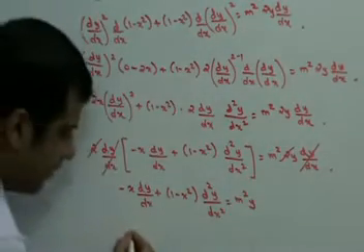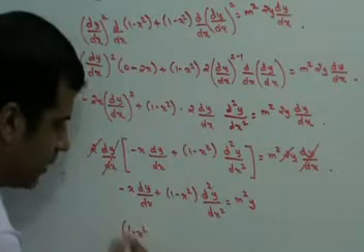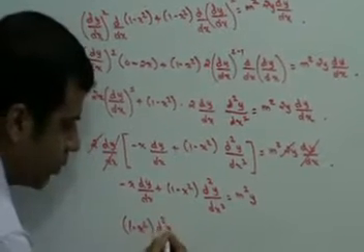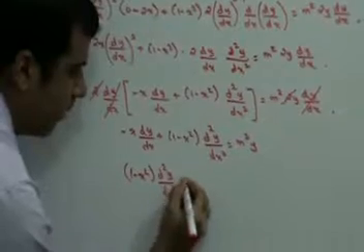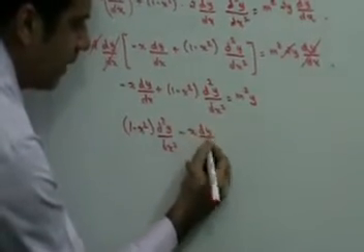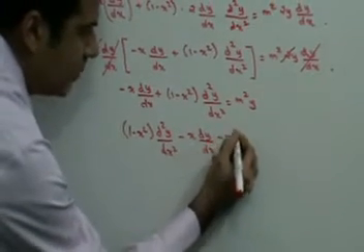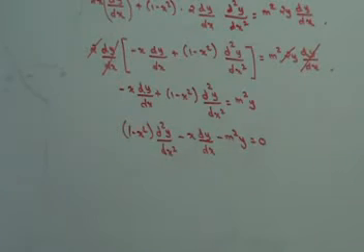Rearrange the terms, guys. If I rearrange the terms, I'll get 1 minus x square d square y by dx square minus x dy by dx minus m square y is equal to 0.